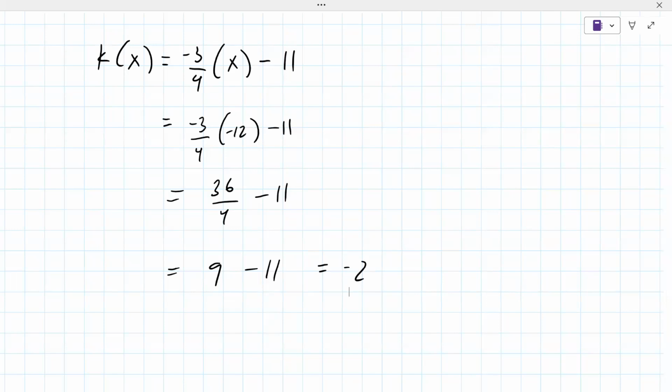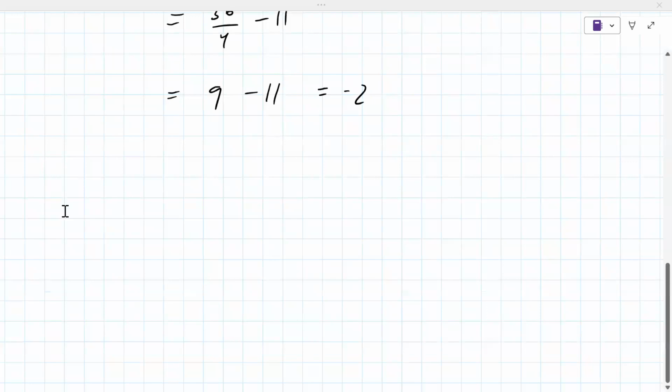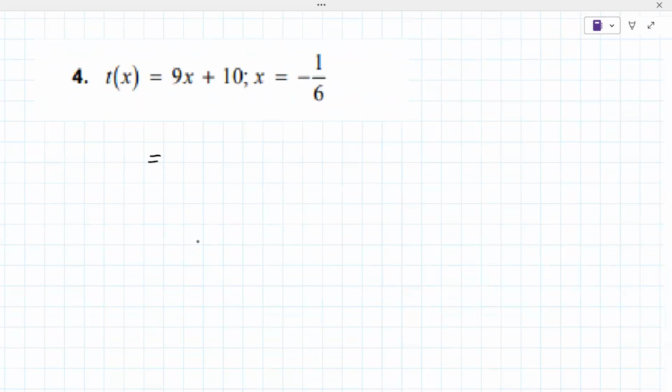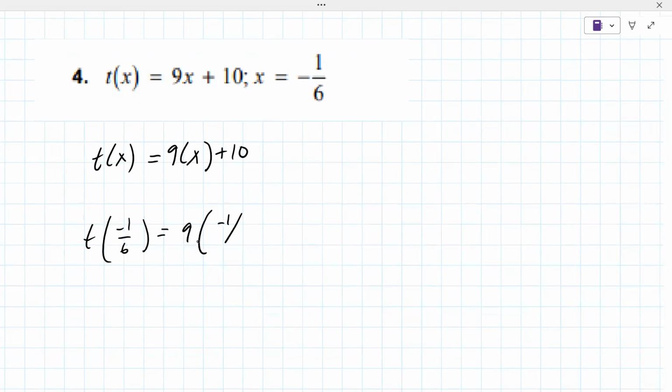Looks like you're getting some fractions here, and that's all right. No big deal there. Then t of -1/6 is equal to 9 times -1/6 plus 10.